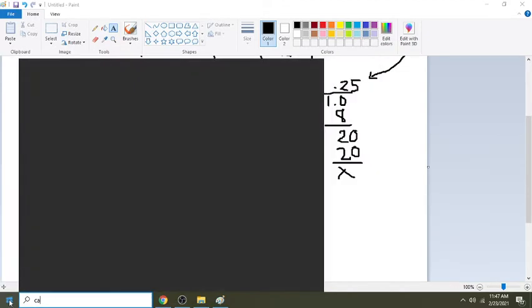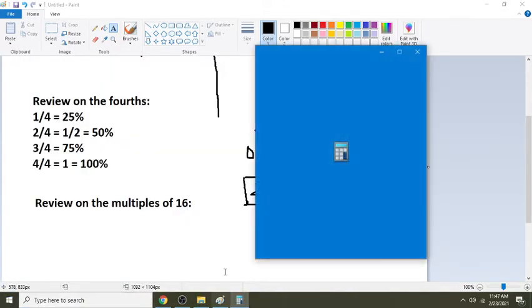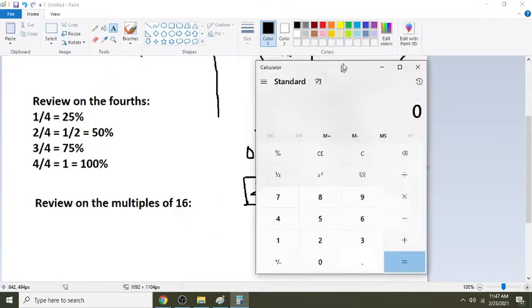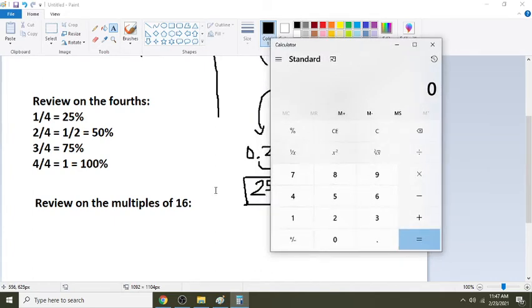Let's get a calculator so that we can teach you how to use a calculator in extracting the multiples. You just plug in 16, hit the plus sign, and then go directly to equals. That would be your second number.